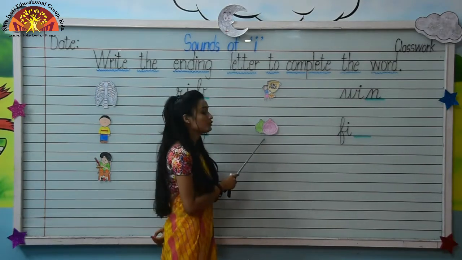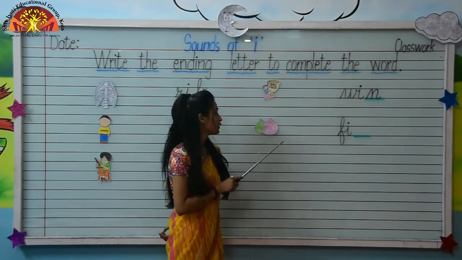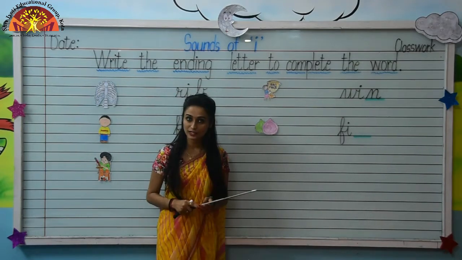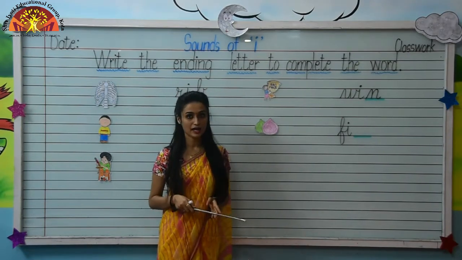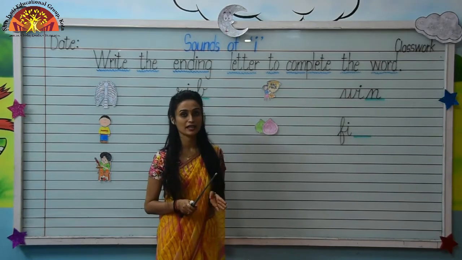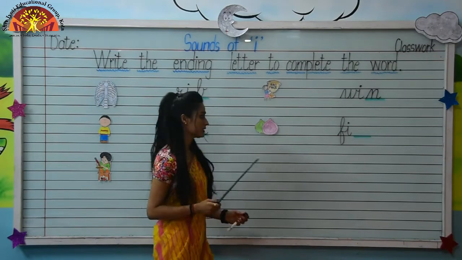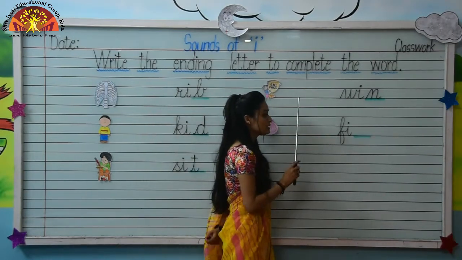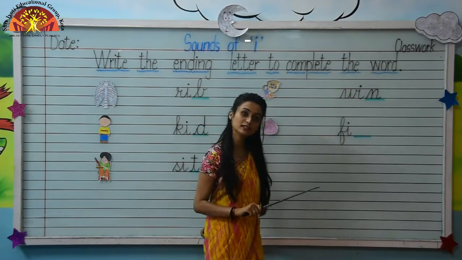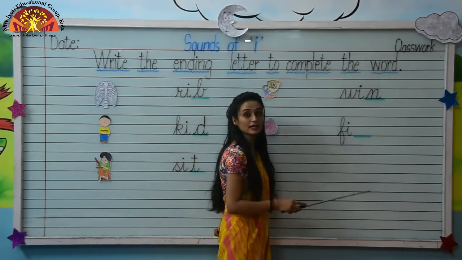This is fig. What is the spelling of fig? The spelling of fig is F-I-G, fig. Very nice. Now kids, as you can see over here, F and I is already written.